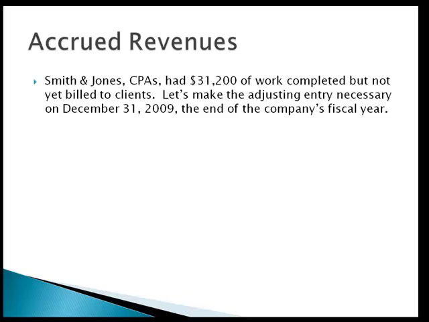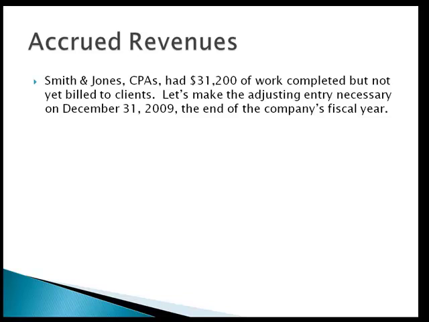All right, and the last adjusting entry that you're going to learn is accrued revenues. Accrued revenues are when you've actually earned the revenue, but you just haven't yet billed the client. So Smith & Jones CPA had $31,200 of work completed, but not yet billed to clients. Perhaps these CPAs had, I don't know, a total contract of $60,000 that they would bill the client at the end when they've completed the work in its entirety.